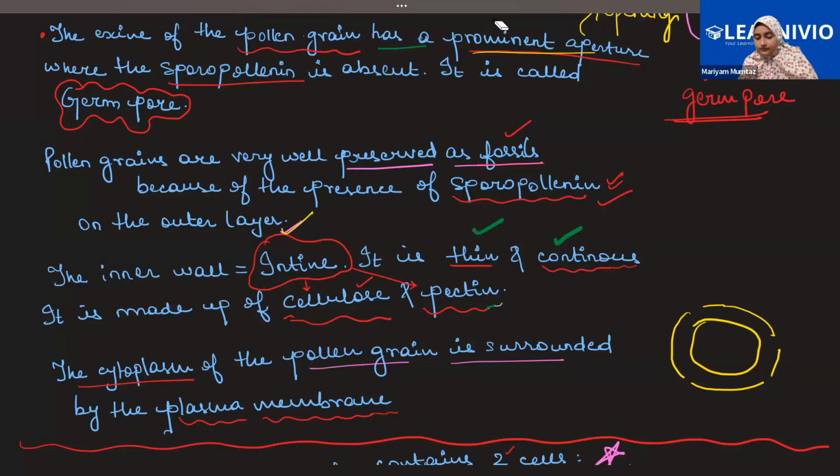The layer between intine and exine. No, not in this case. Normally, the cell wall is the external protective layer. Do you know what the plant cell wall is made up of?